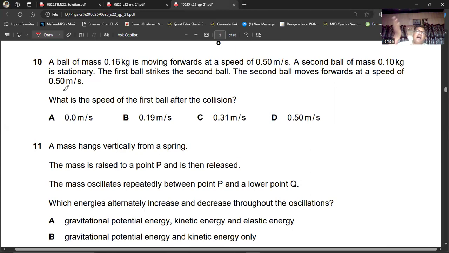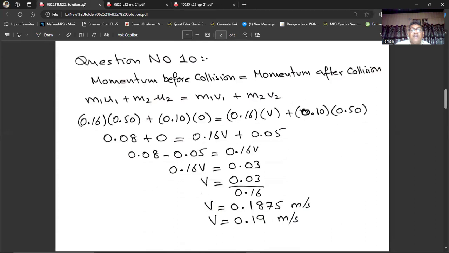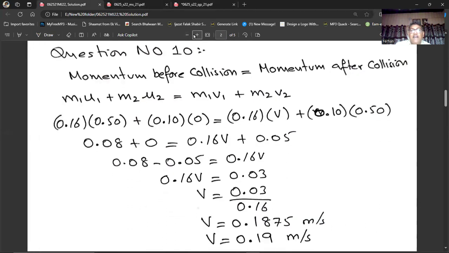You see, the momentum before the collision is equal to the momentum after the collision. That is the conservation of momentum.